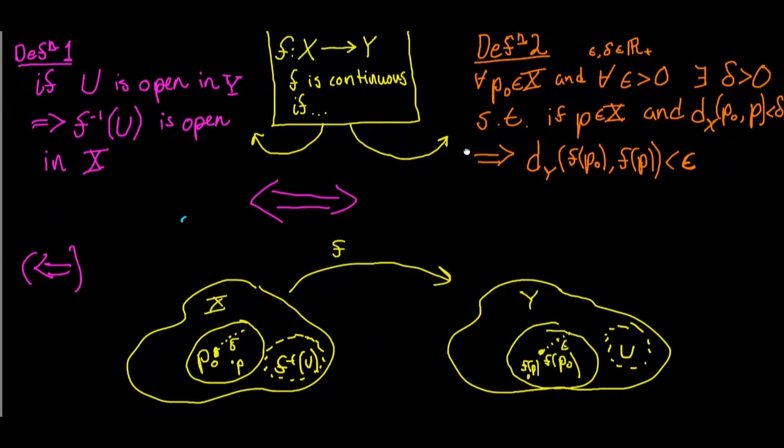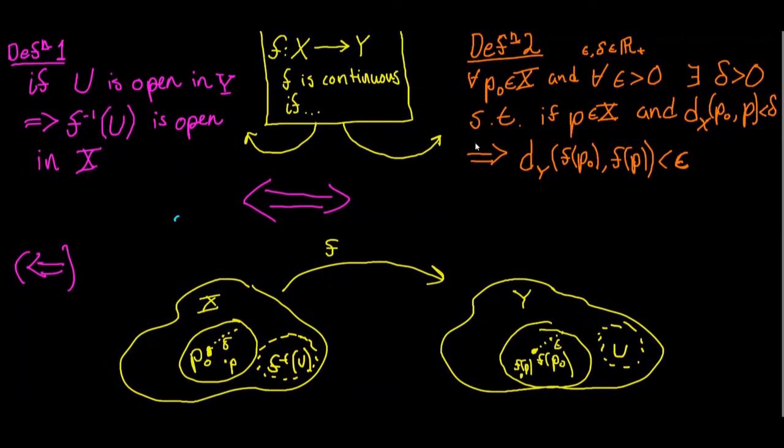We just proved it according to our rephrasing, but we essentially proved the statement because we showed that for any epsilon strictly greater than 0, that is to say, for any radius of an open ball centered at f of P naught in the codomain of f, there exists another radius, delta, in the domain of f such that the image of all the points in the open ball of center P naught and radius delta lie in the open ball centered at f of P naught and radius epsilon.